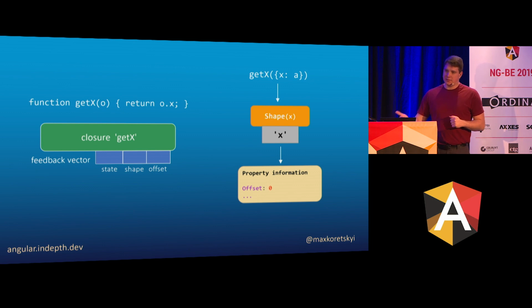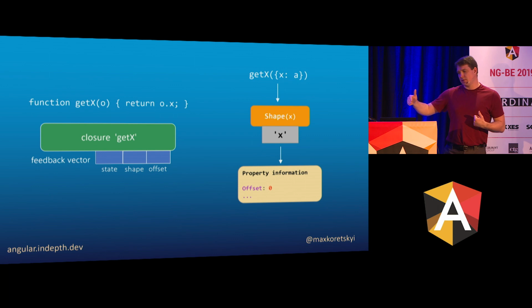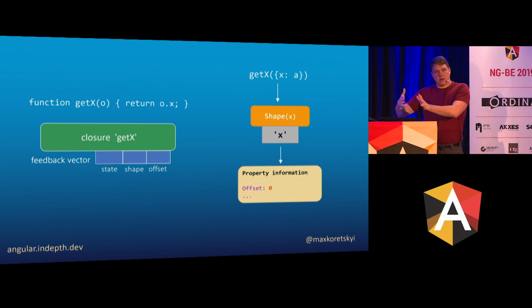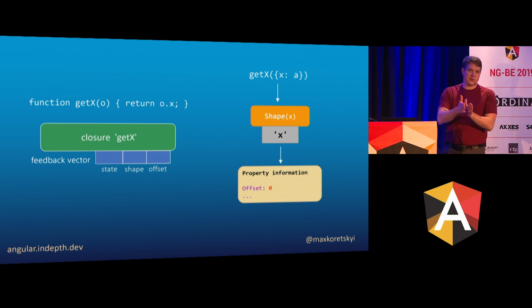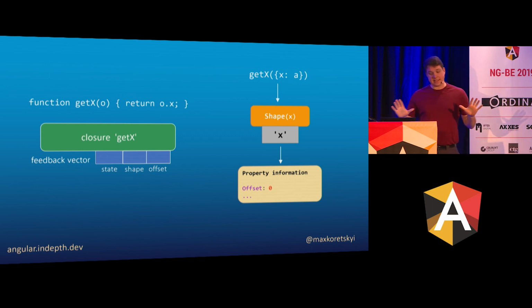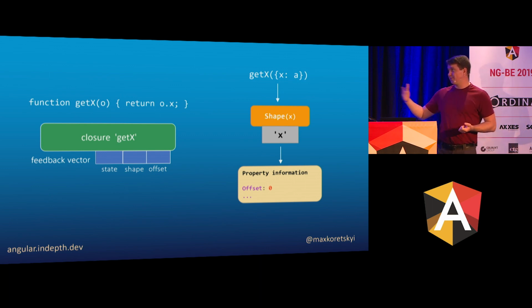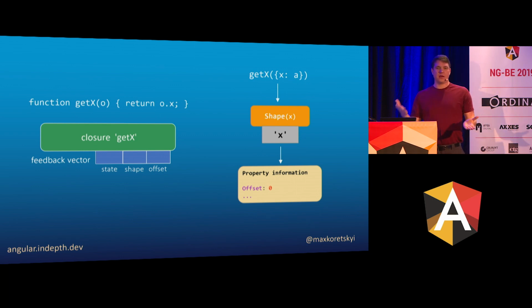And based on the order of these properties, it also describes the offset, which means where in memory the value is located with regards to the pointer to the object. OK, so this is not important, actually. What's important is that each object has this shape, right? Each object has different layouts of properties.